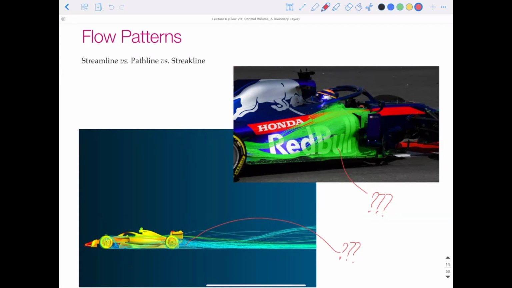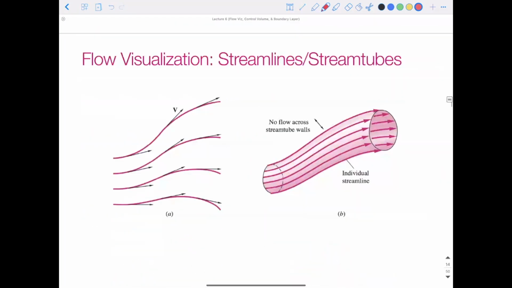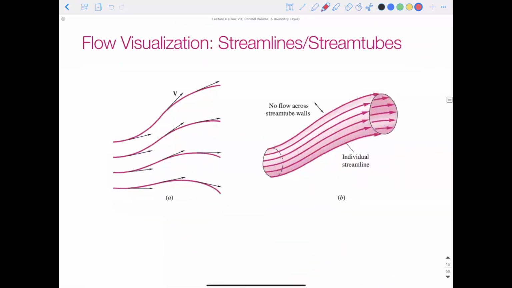So let's define what these are. Let's look at streamlines first. A streamline is a line where, at any point along that line, a fluid particle's velocity is tangent to that line. So here, this is a fluid particle's velocity at any point.